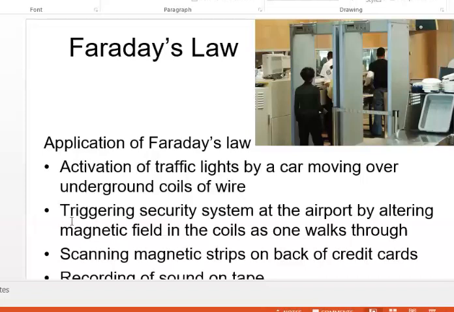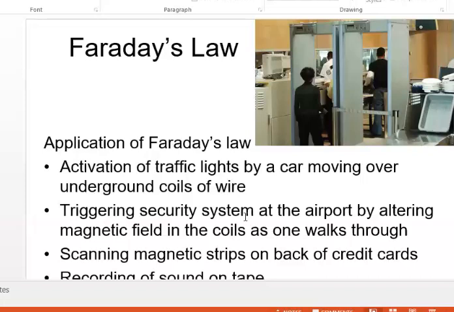The second one is triggering a security system, when you enter a public place, which is a very sensitive place, and if an unauthorized person enters through the gate, then it will check them automatically.